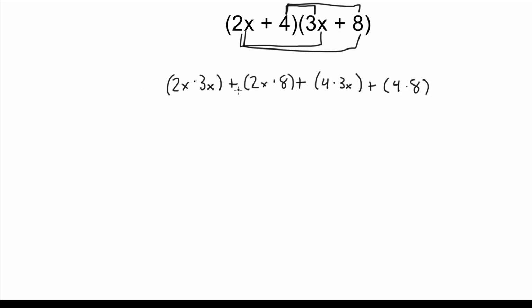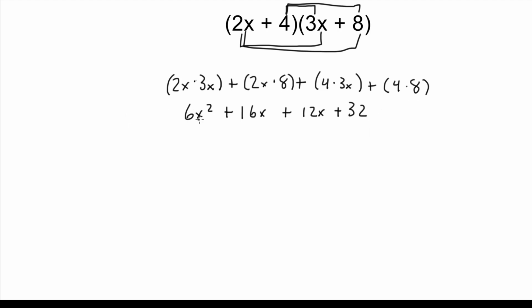So now we can simplify all of these together. 2x times 3x will give you 6x squared, plus 2x times 8 would give us 16x. Then we have 4 times 3x will give us 12x. And finally, 4 times 8 is going to give us 32.